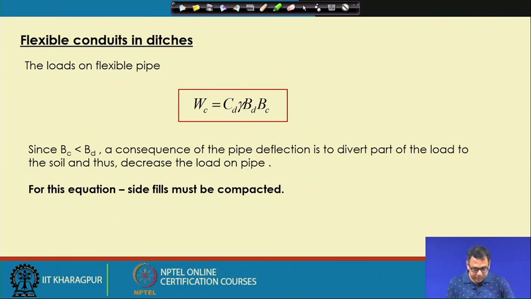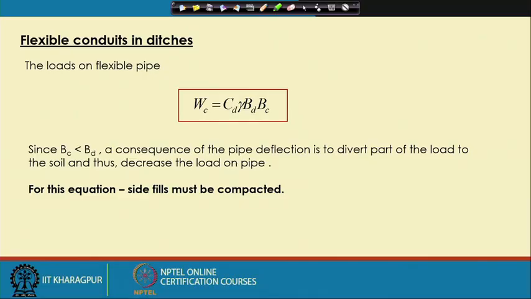In this case, the side fills must be compacted, meaning they are more rigid, a stationary mass, and the soil above the conduit will be a yielding or moving mass. So the stresses will be reduced, as they transfer from the conduit surface to the stationary or rigid soil. This way you can determine the stresses acting on different types of conduit.